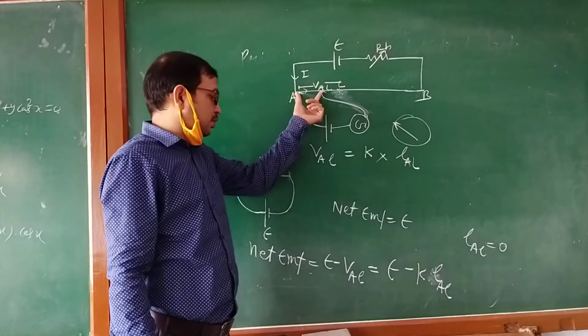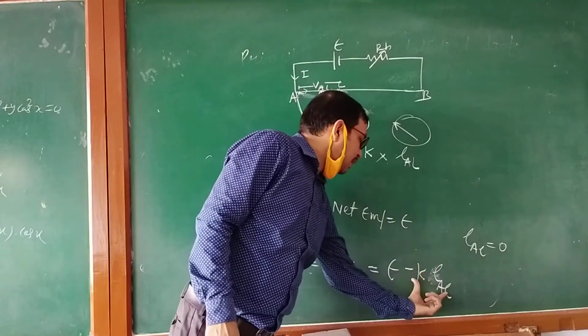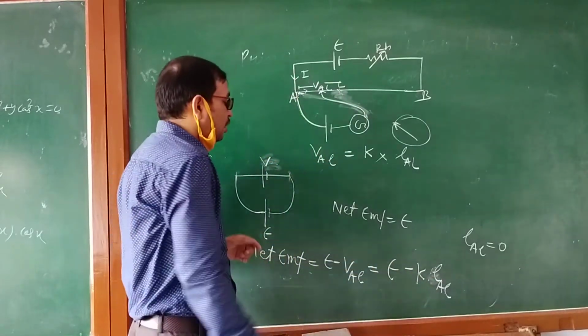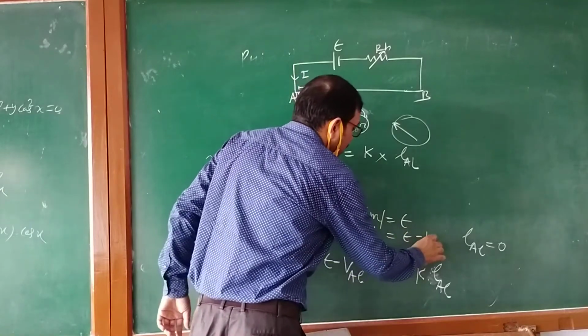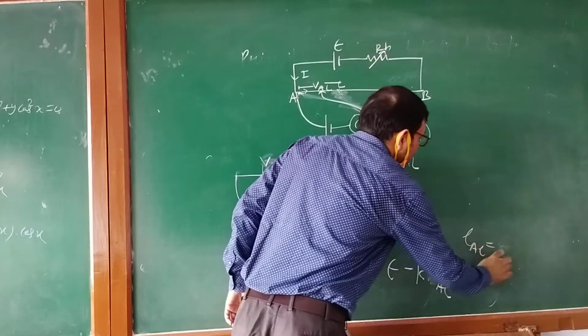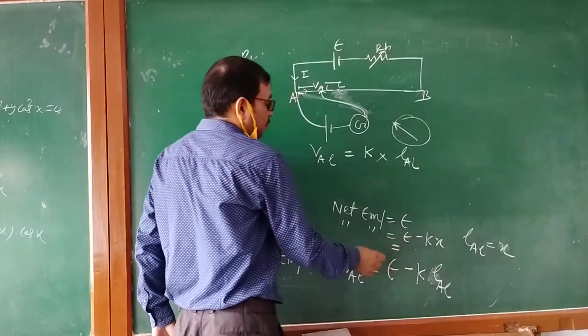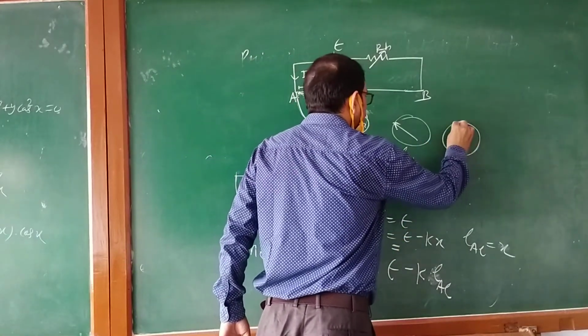Now this has some length, so it will have some value. E minus some value means net EMF will decrease. Net EMF is E minus K into X, where X is the length of AL. It has some value, but it is less than E. So the deflection of the galvanometer will decrease.